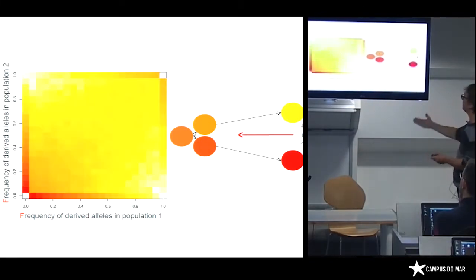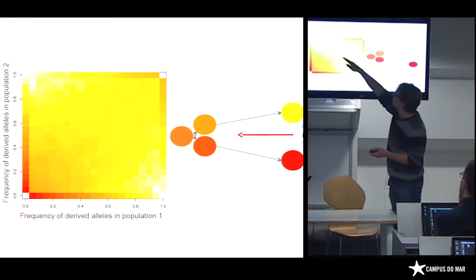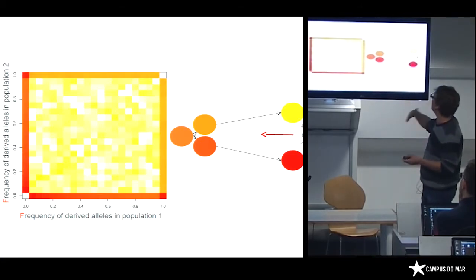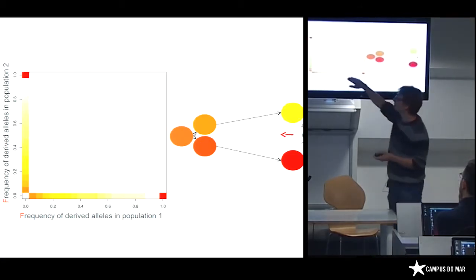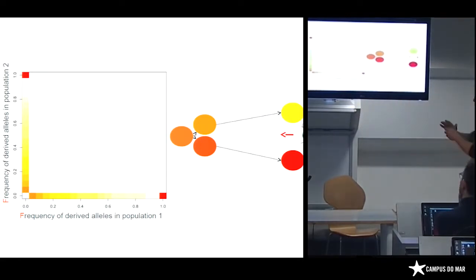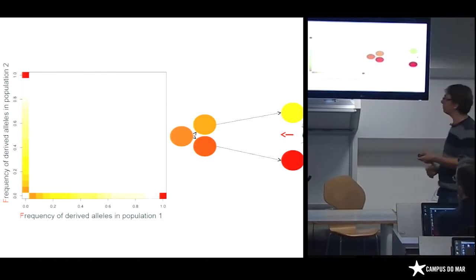And with time, you have drift and fixation of alleles in the two populations, little by little. At the end, you have only fixed differences and private polymorphism in the two populations. So this illustrates that under a simple model of divergence without gene flow, the joint SFS contains the information of the time of divergence.